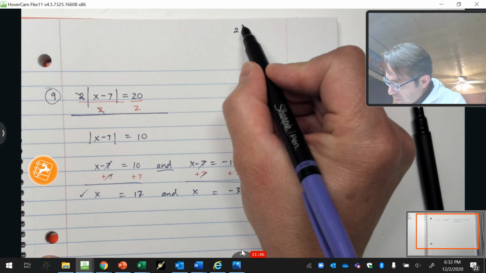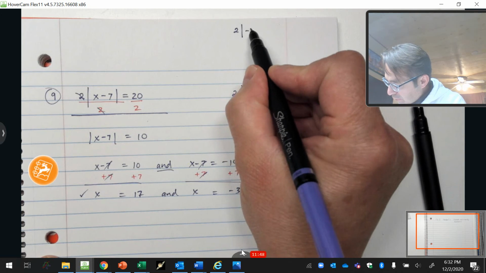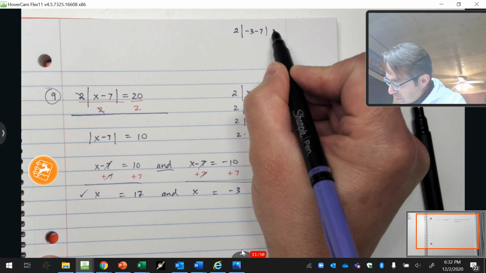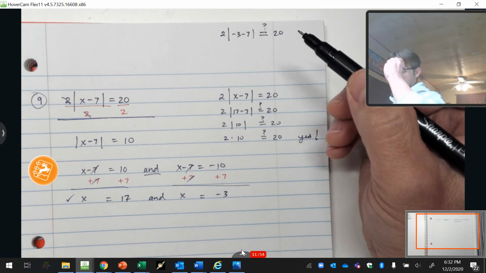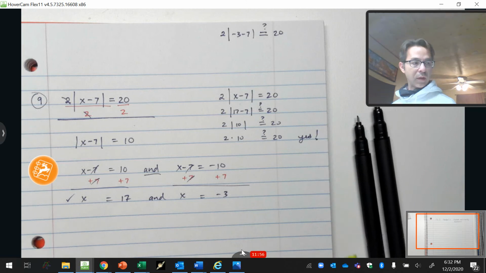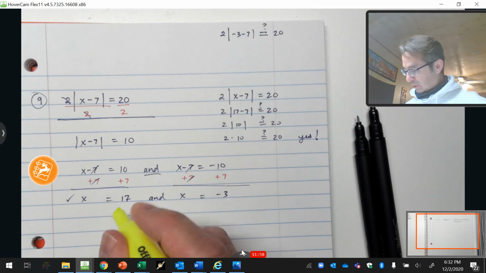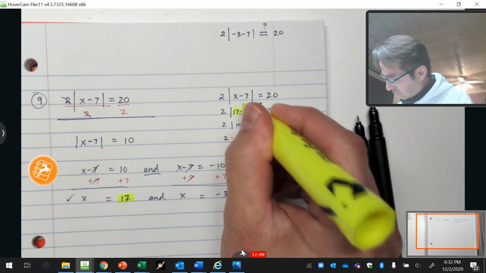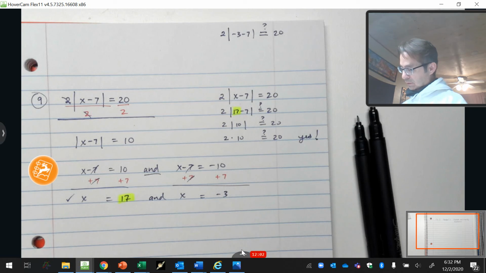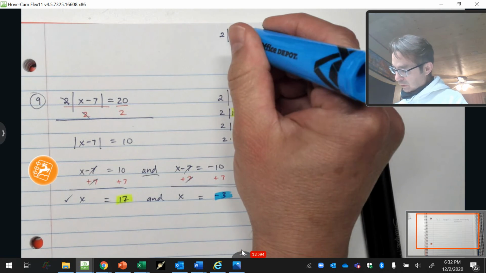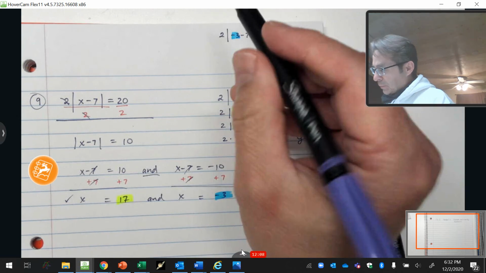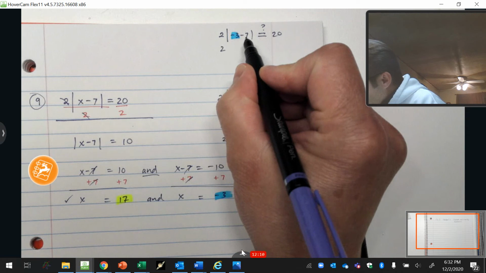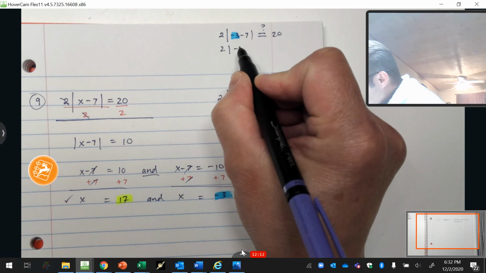2 times negative 3 minus 7, does that equal 20? Negative 3 minus 7 is negative 10.